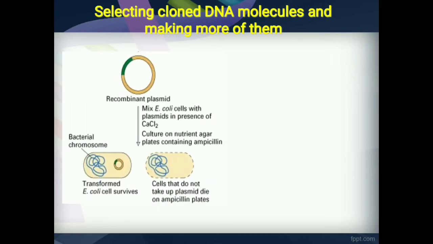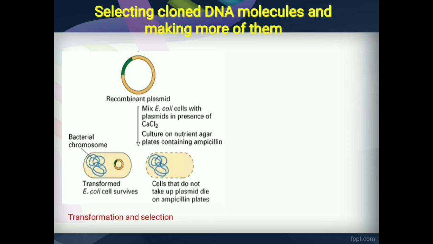Here you can see the recombinant plasmid, which is mixed with E. coli cells in the presence of calcium chloride and cultured on nutrient agar plates containing ampicillin. The bacterial cell is transformed, and the cells that do not take up the plasmid die on ampicillin plates.